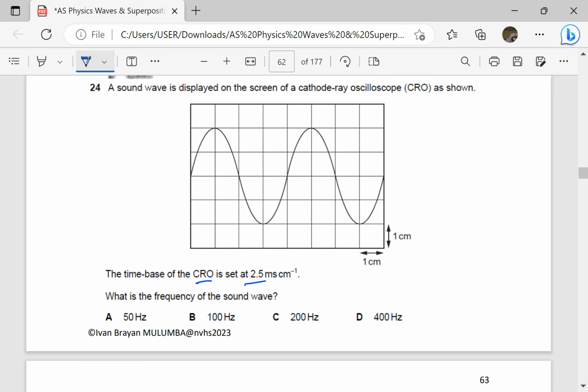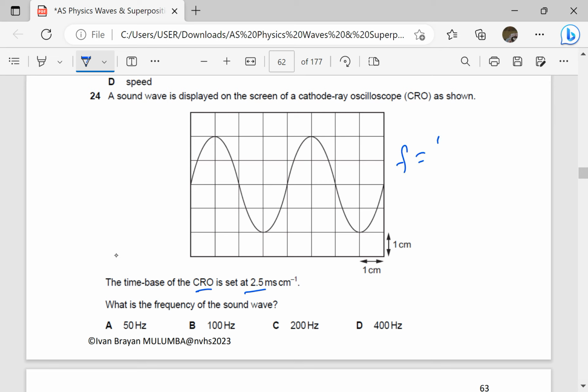What is the frequency? So we know that frequency is going to be 1 over period, which is going to be 1 over the length of one cycle times the time base setting x. So this is 1 over, for one cycle, is represented by 1, 2, 3, 4 boxes. That is 4 centimeters.